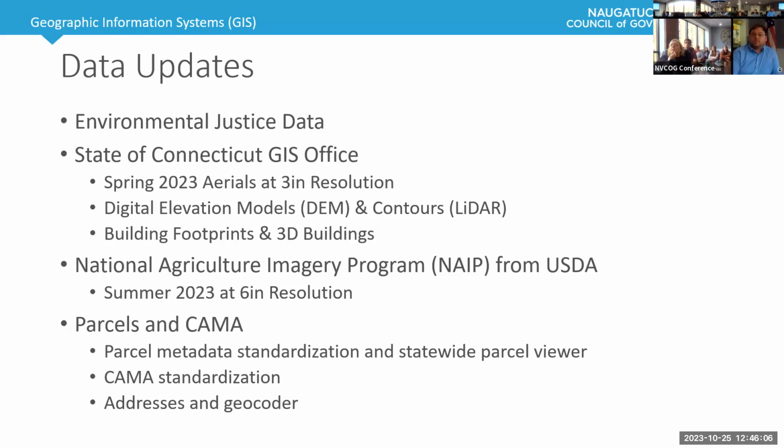And then also to help with creating land use, we'll be getting building footprints, and because there's LiDAR, we'll be getting 3D buildings. So if your mind is thinking, yes, we have the possibility of creating a city landscape in a 3D model, if you decide you want to do that, we can work with you on doing that.